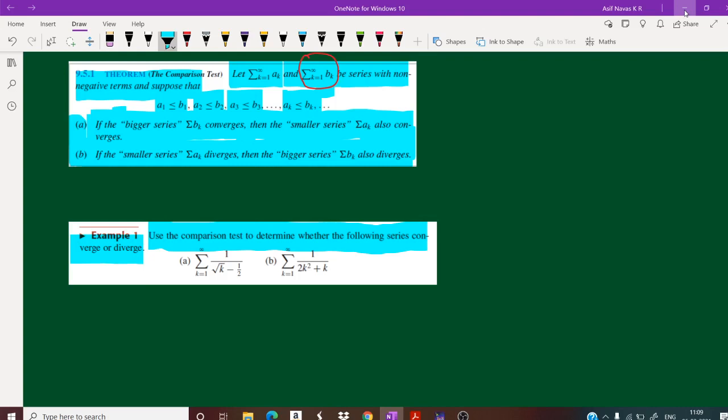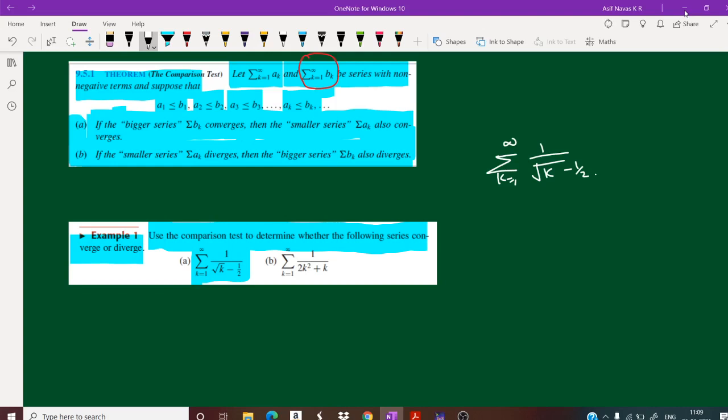Okay, so the given series is sigma k equal to 1 to infinity 1 by root k minus 1 by 2. Can you guess, is this series convergent or divergent?